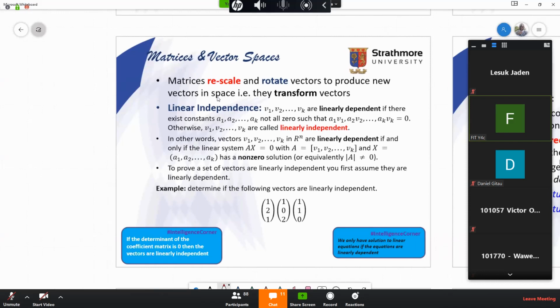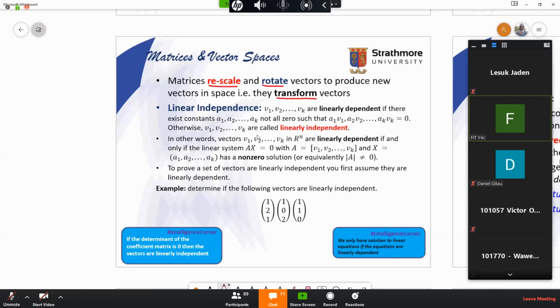So what do matrices actually do? Why are they so interesting? Matrices are able to do a lot of things to vectors. Most of these things are geometrical transformations. It means that a vector could be made to form another vector. So we call these transformations. They can either be rescaling or rotating or doing some nice things to vectors in order to get other vectors.